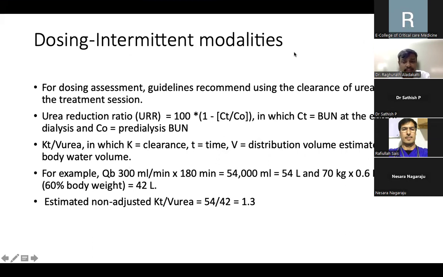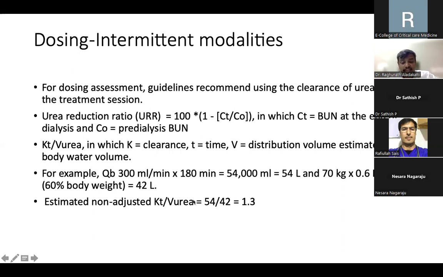For example, if the blood flow QB is 300 ml per minute and the time is 180 minutes, that becomes 54 liters. For a 70 kg patient, the volume of distribution, water, is 0.6, so 70 kg times 0.6, 60% of body weight, becomes 42 liters.